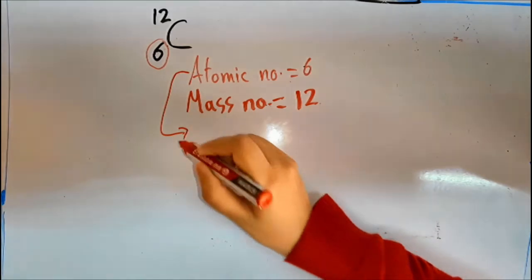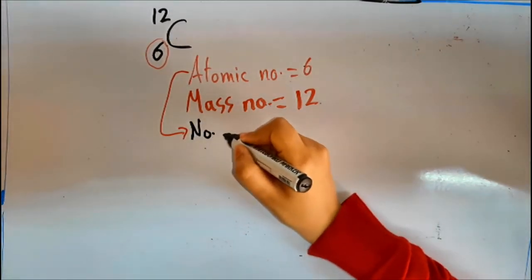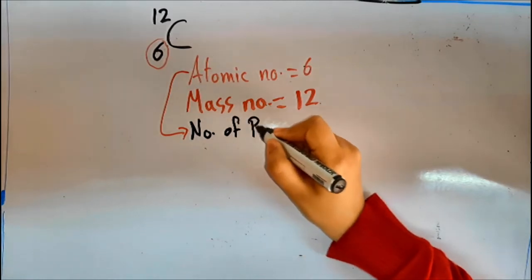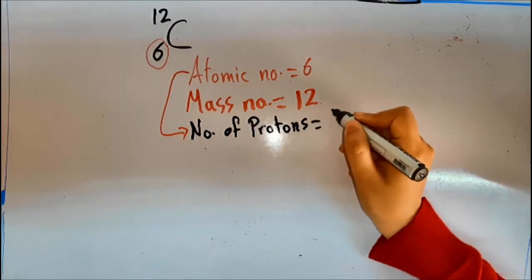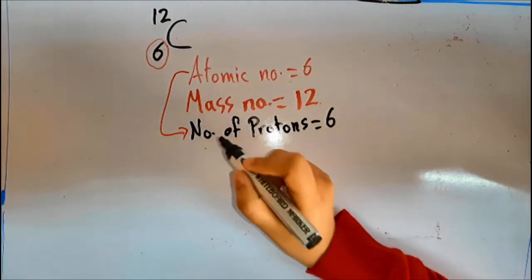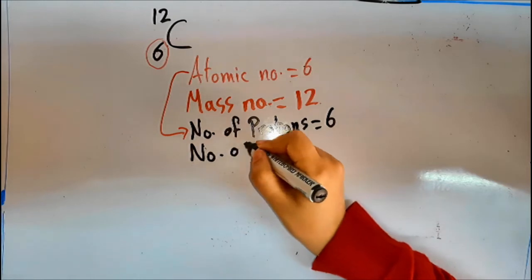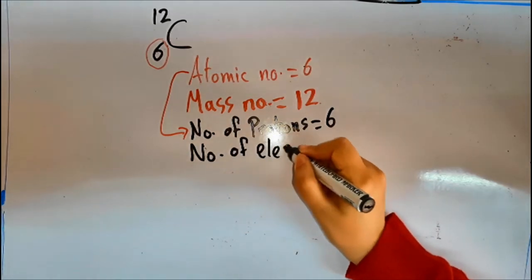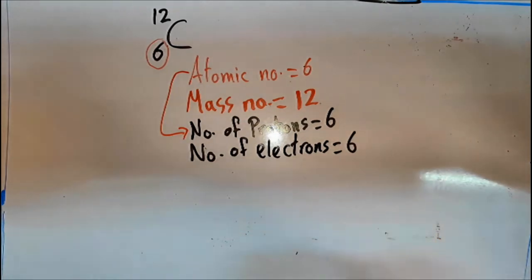From the atomic number, the number of protons also equals 6, and the number of protons equals the number of electrons, which equals 6.